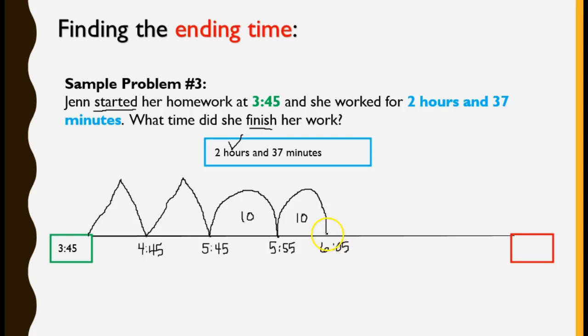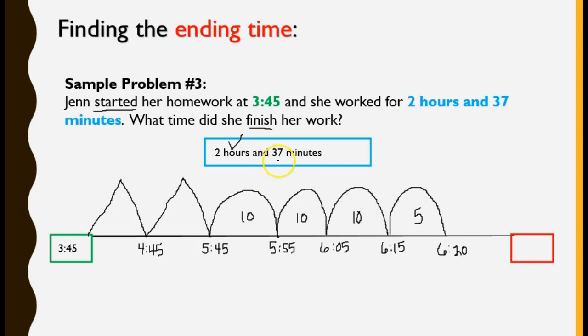Okay, I need to add 37 minutes. I'm up to 20, so let's do another 10. 6:15. And let's do a 5-minute hill. 6:20. So that's 35 minutes.